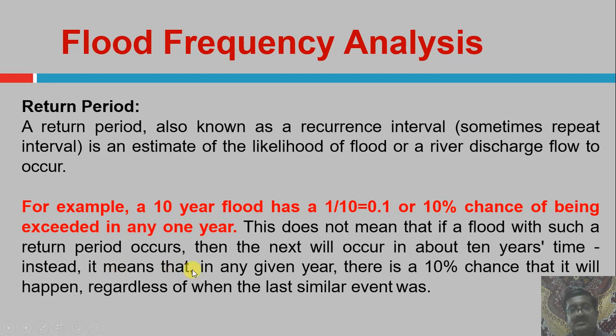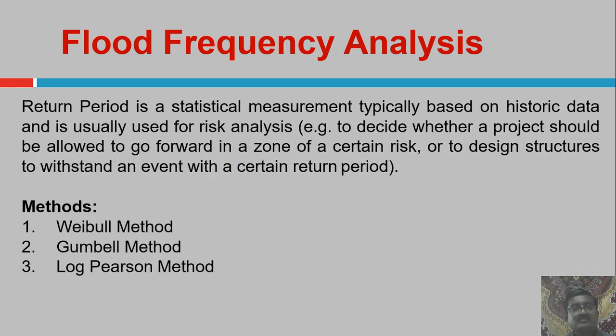Instead, it means that in any given year there is a 10% chance that it will happen, regardless of when the last similar event was. So this is a very simple case: for a 10-year flood, there is a 10% chance of being exceeded in any year. That is a better understanding of a return period.